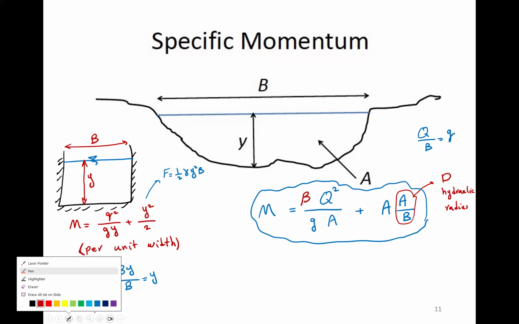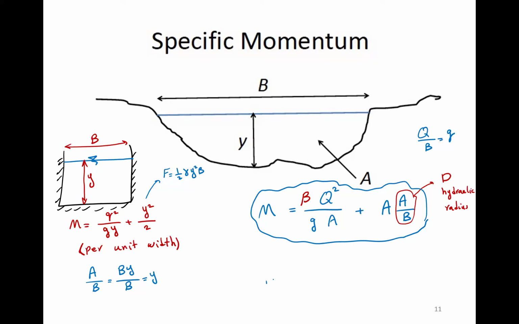So if we rewrite our equation, we're going to have specific momentum in a non-rectangular channel equal to the correction factor beta times Q squared over gA plus A times hydraulic radius. But let's keep it one more step simpler, and replace that hydraulic radius with an average depth, y bar.